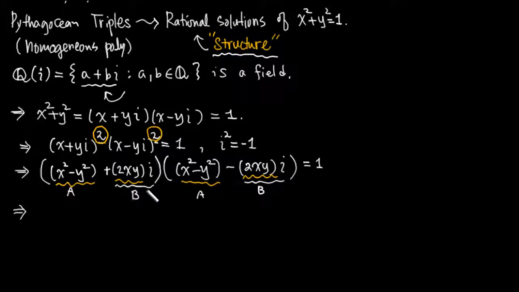You know a plus b times a minus b is a squared minus b squared. So you have this squared, (x squared minus y squared) squared, plus this thing. It turns out it's negative, it's supposed to be negative squared, but i squared and i squared together become -1. So negative b squared becomes the positive square of this 2xy part.